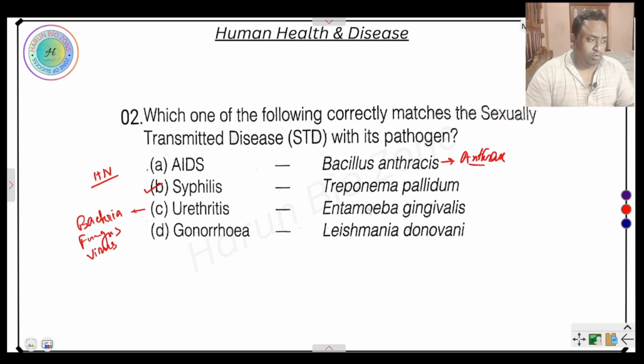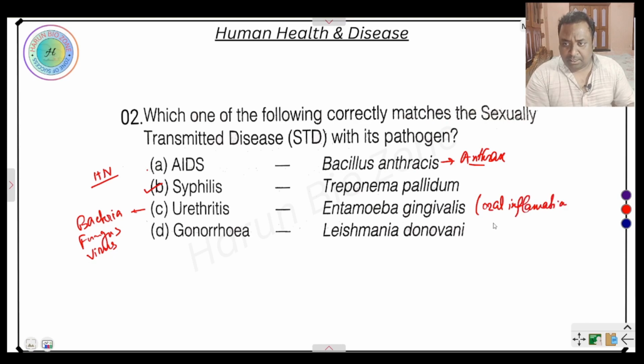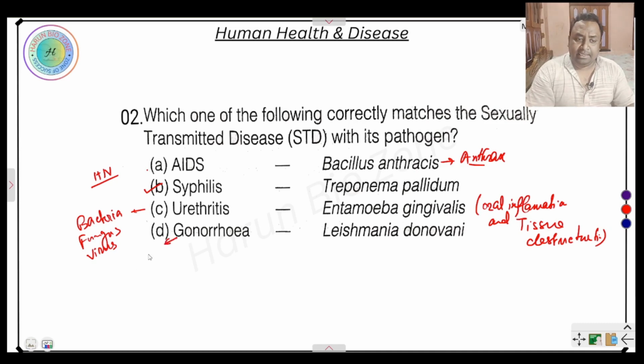Gingivalis is oral inflammation, and tissue destruction occurs in this disease. And gonorrhea is caused by Neisseria gonorrhoeae. This is also a sexually transmitted disease.